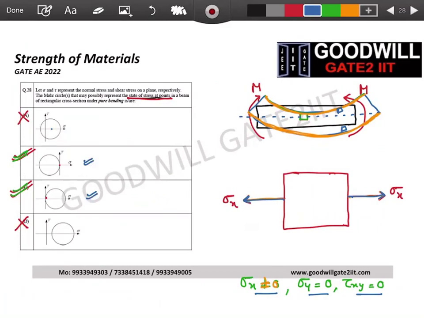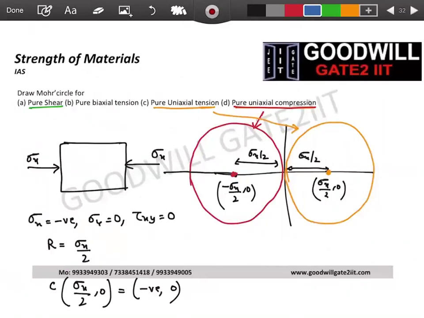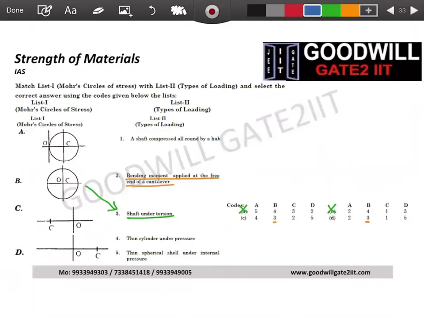We have solved this numerical today only. First numerical was this. So you have a Mohr circle which will touch the axis. So I hope you can see option A here will look for 2. So here A is 4, which is wrong. With these 2 things only, you would have marked your option.